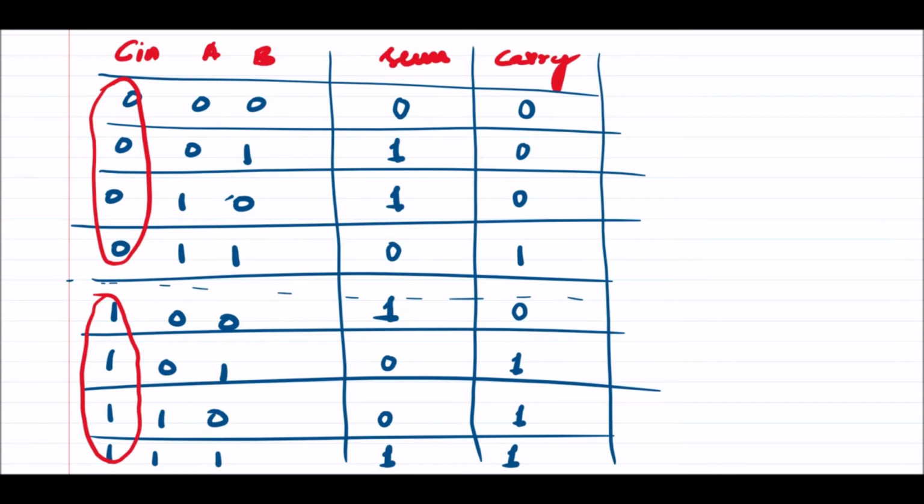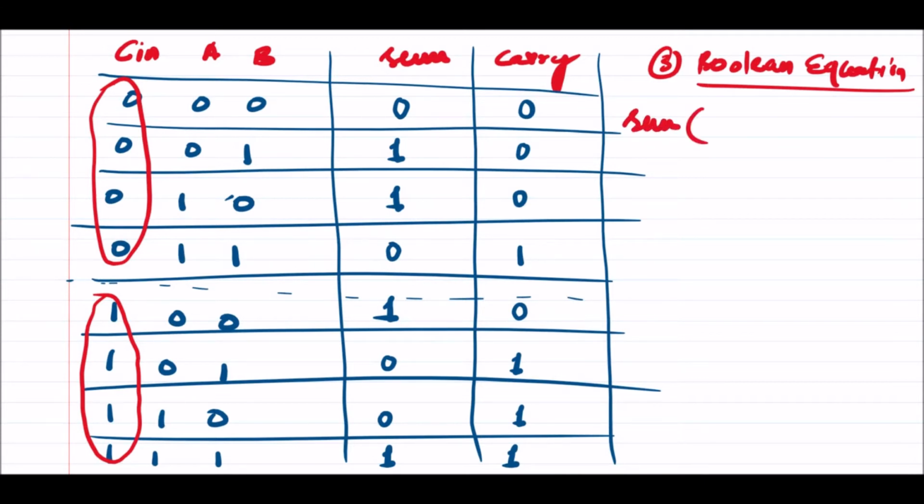Now let us write down the Boolean equation for the full adder. So let us first write down the Boolean equation for sum. The inputs are C in, A, B, and sum is equal to summation of minterms. We need to locate the positions where sum is equal to 1.